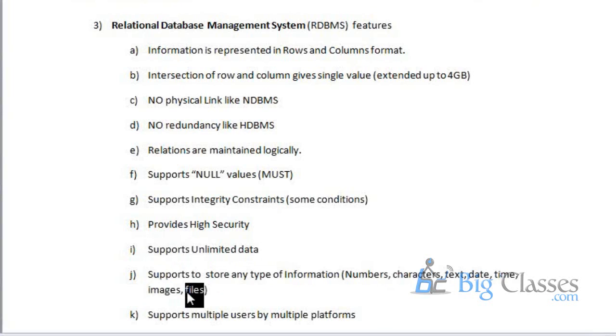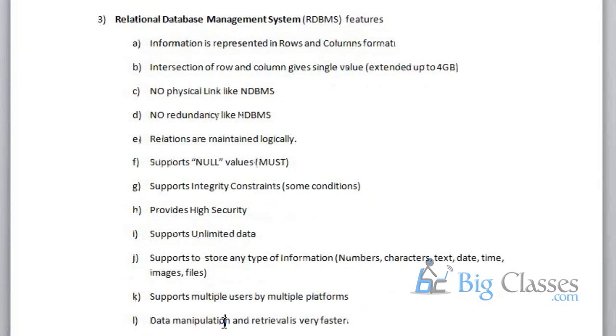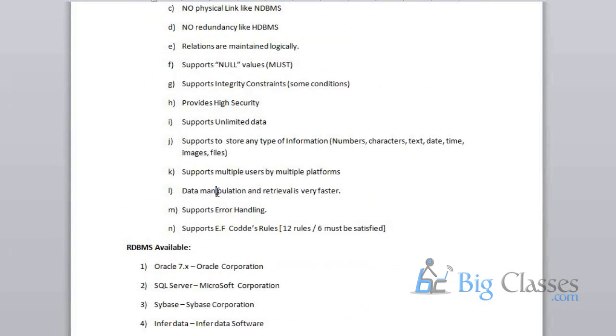So you can store any kind of data in a database. Then it supports multiple users on multiple platforms. So multiple users can operate this environment simultaneously. Then data manipulation and retrieval is much faster.